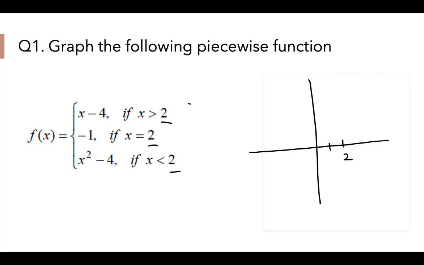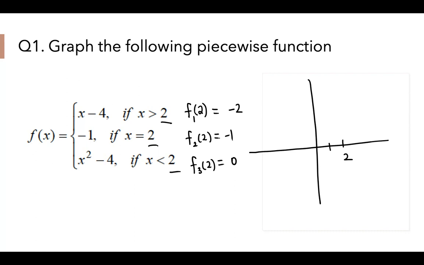For the first one, I'm going to plug 2 into the first equation, and my output is going to be negative 2. f of 2 is going to be negative 1. And for my third equation, if I plug in 2, it is going to be 0.